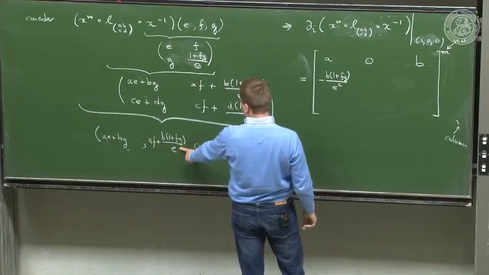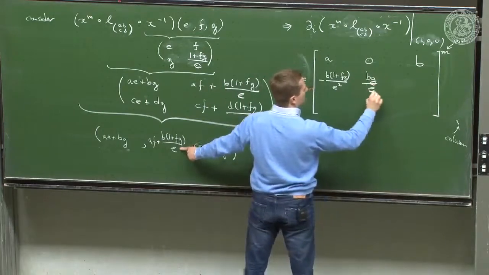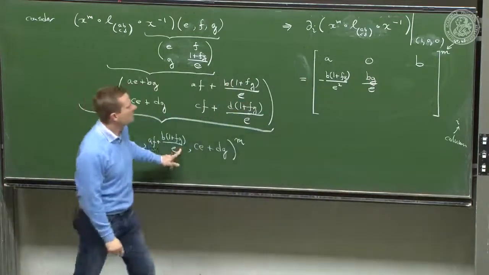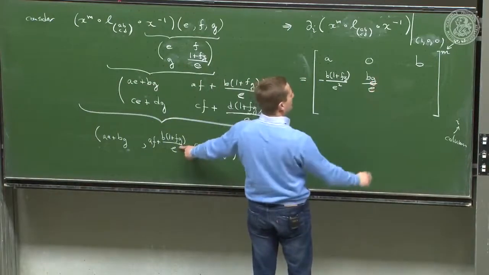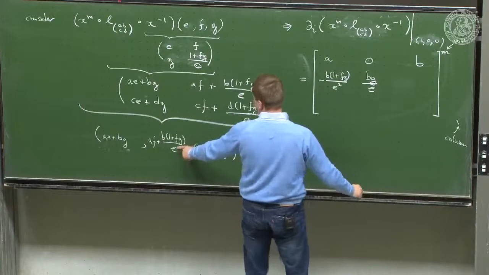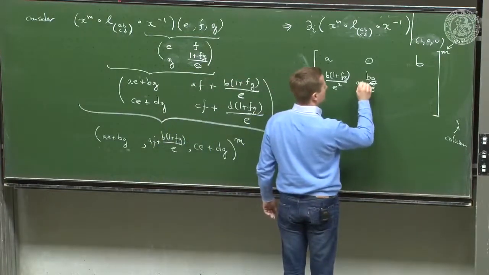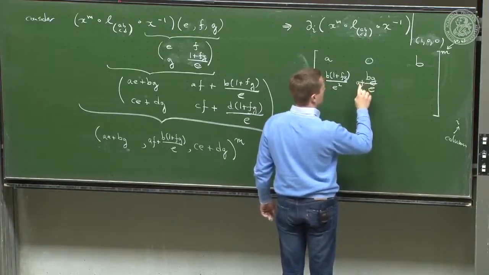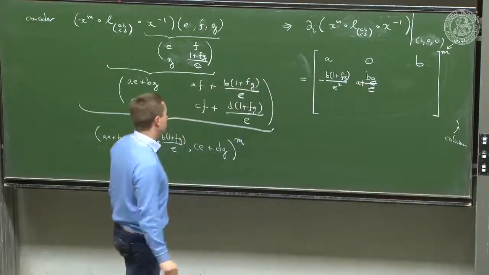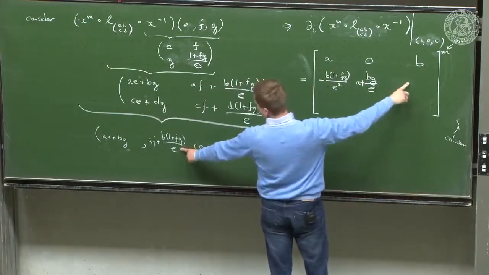That's BG by E. Agree? Okay. You should really check my calculation here. Pardon me? AF. Oh, yeah, very good, very good. Thank you, thank you. Plus A. So I encourage you, the moment you find a mistake. Okay, good. And then the second one with respect to the G is simply BF by E.